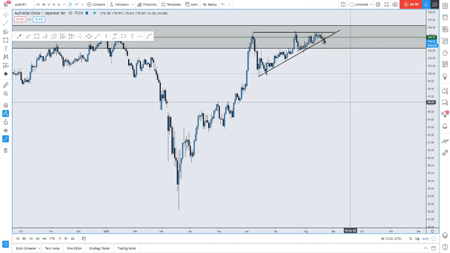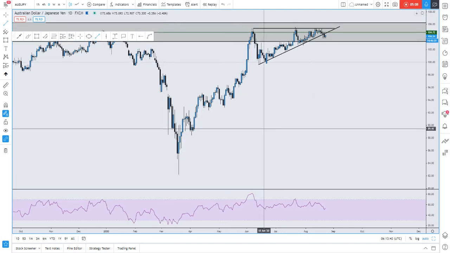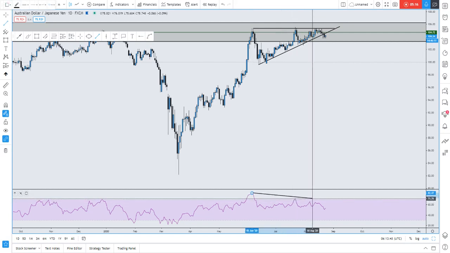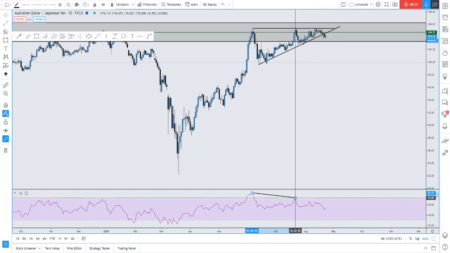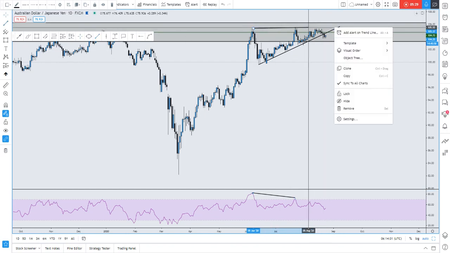But we can't just make decisions or sentiments that way. We need further confluences. So adding my RSI to this chart and looking closely at it, we have a hidden bearish divergence right here, a hidden bearish divergence right here.